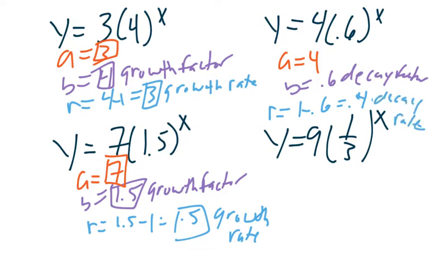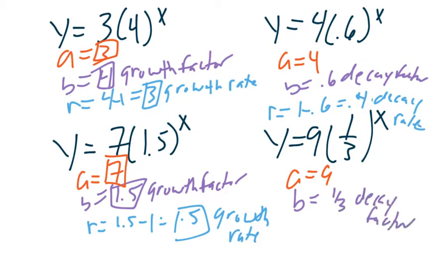So now we have the second one, and again, our a value is 9. Our initial, or y-intercept, is 9. Our b value is 1/3, and again, that's our decay factor.